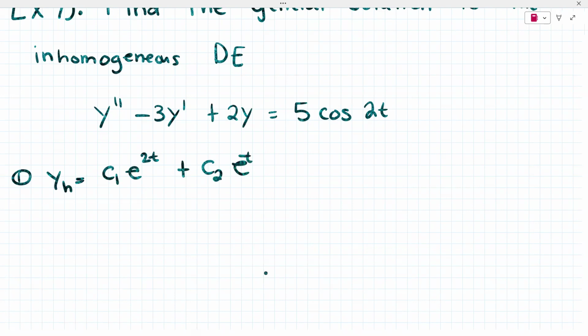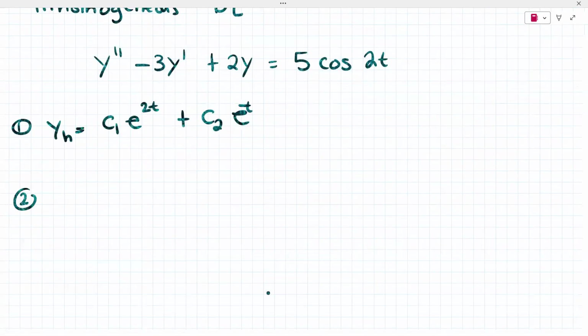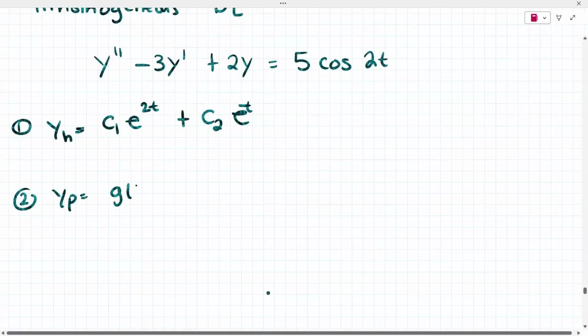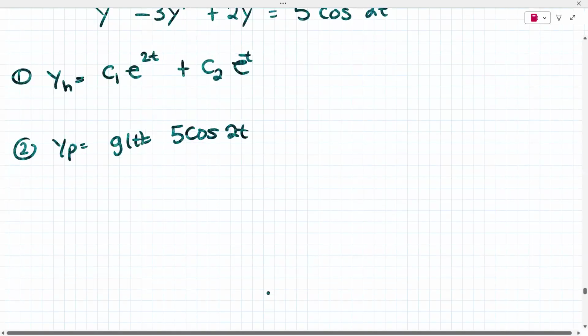Step 2, find your yp by guessing. Your yp is related to your g of t, which is 5 cosine of 2t.